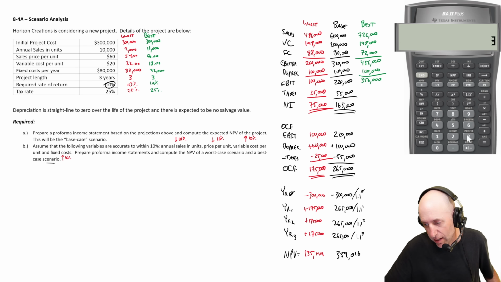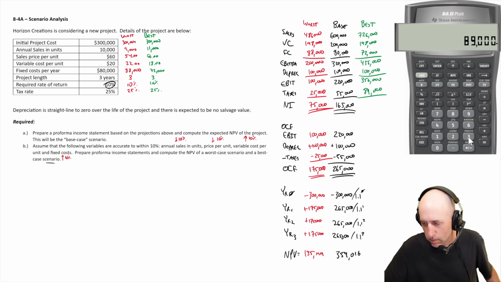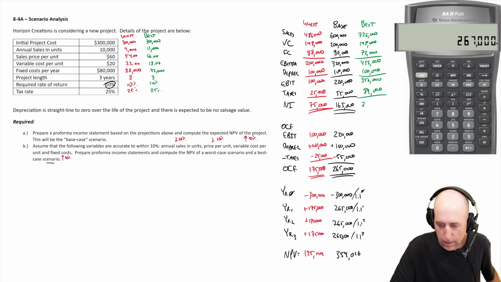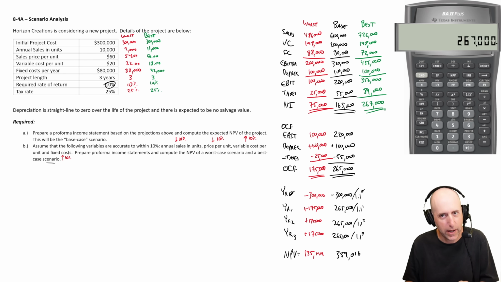And because of that, our taxes are higher. 356 times 25%, it's 89,000. 356 minus 89,000, 267. All right, so obviously way more profitable, obviously going to have a very high net present value.